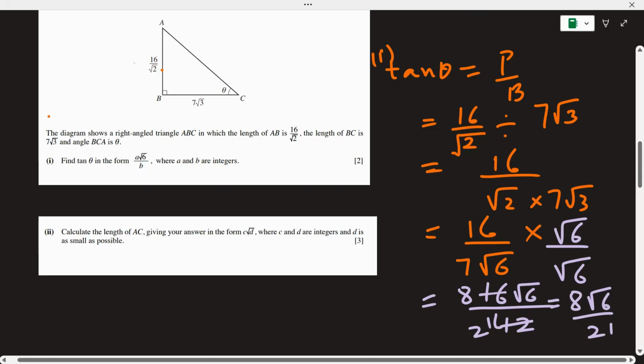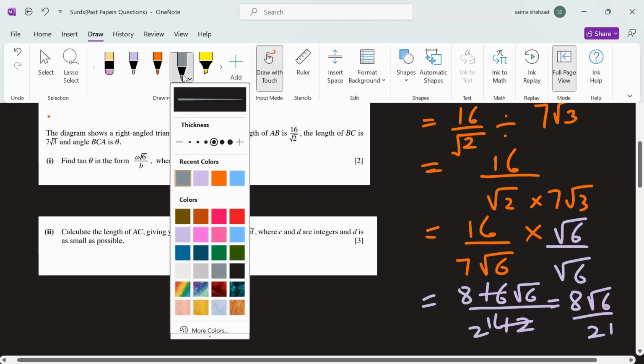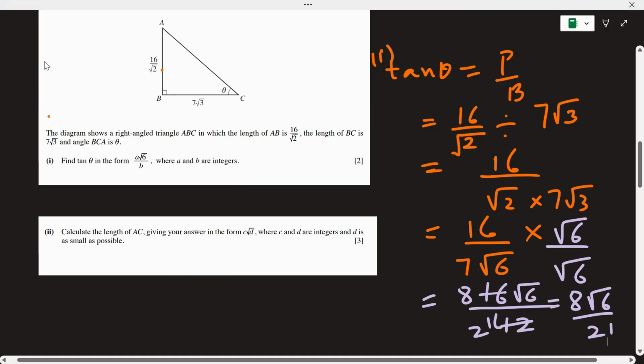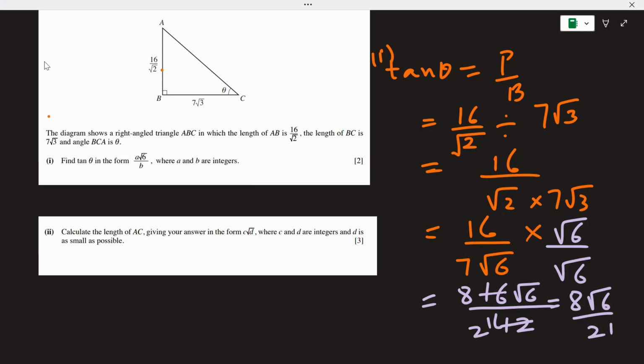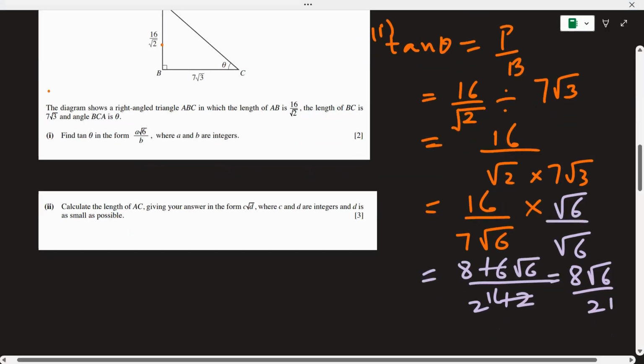Now the second part is calculate the length of AC, giving your answer in the form of c under root d, where c and d are integers and d is as small as possible. Now you see that it's a right angle triangle. So in case of a right angle triangle, you can apply Pythagoras theorem, which states that hypotenuse square is equal to perpendicular square plus base square.